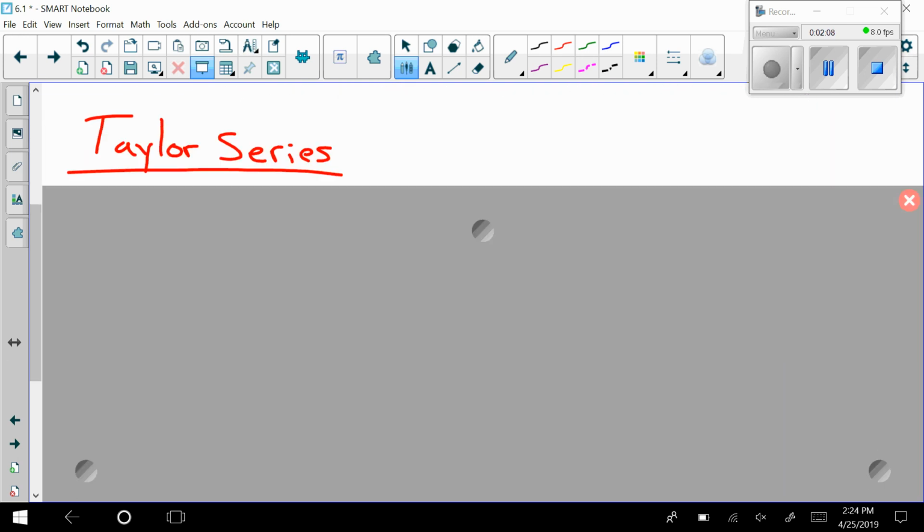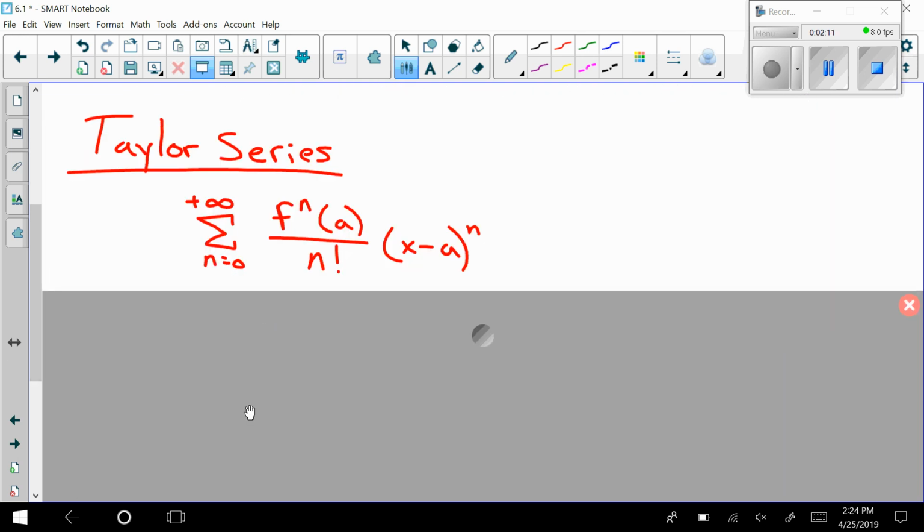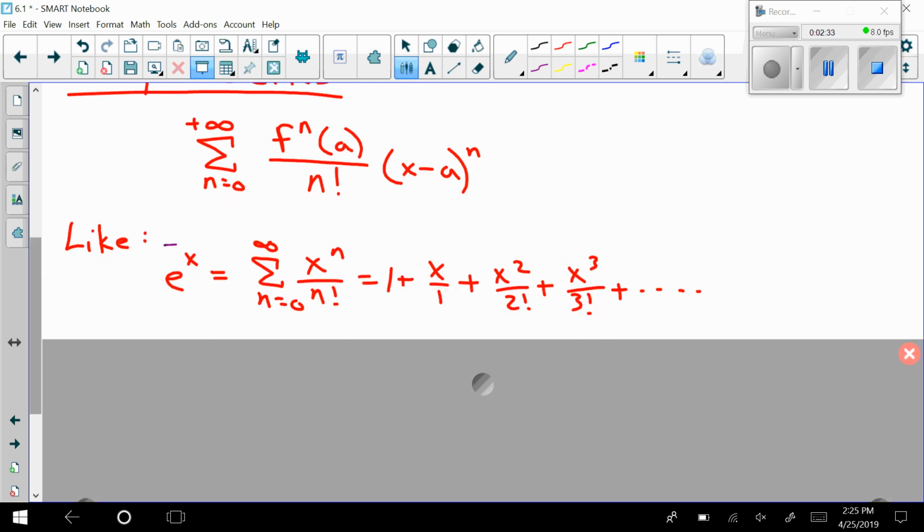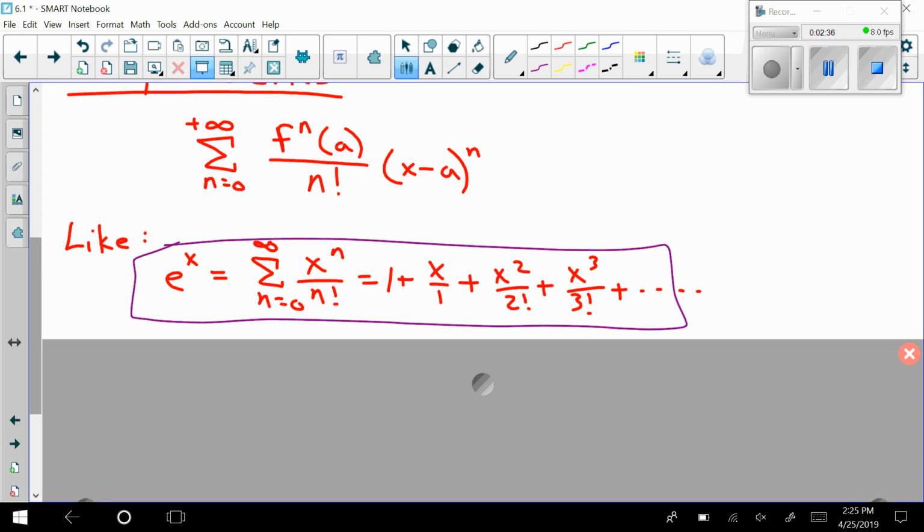Specifically, what you've seen in the past is Taylor series. You have seen a Taylor series, where we take f to the n of a, so this could be about a number. It could also be about a variable. And then we have the n factorial, and we also have this n here. A very common one is e to the x, a very, very famous Taylor series, which we've had a lot with, so we should anticipate having to use this one quite a bit.